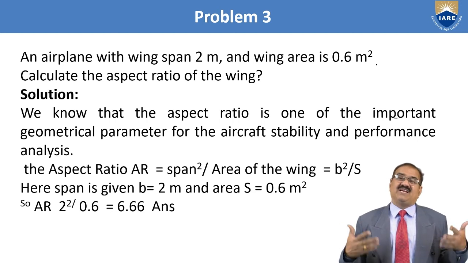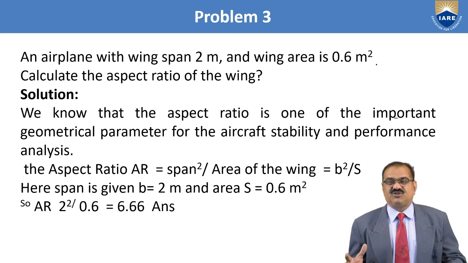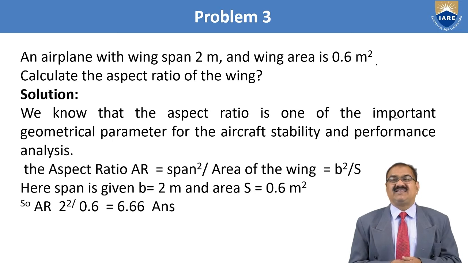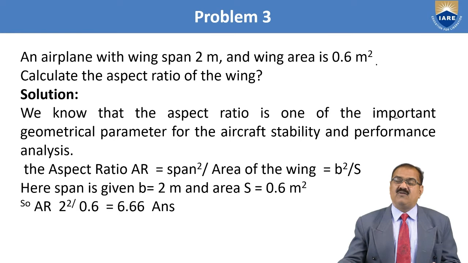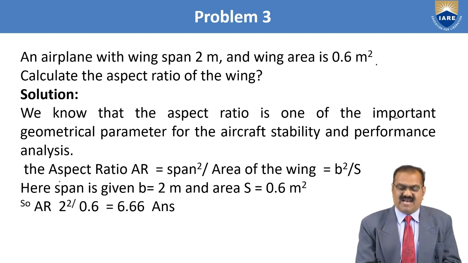But we cannot keep the aspect ratio as we want because there are some structural issues, bending moments, and these things will be generated. Then how much to maximize the aspect ratio? How can we identify which aircraft has more aspect ratio? Just look at the aspect ratio.